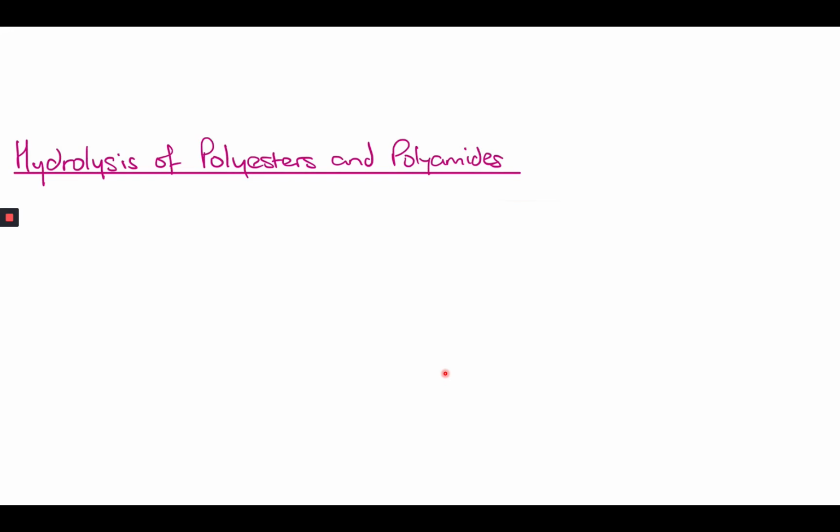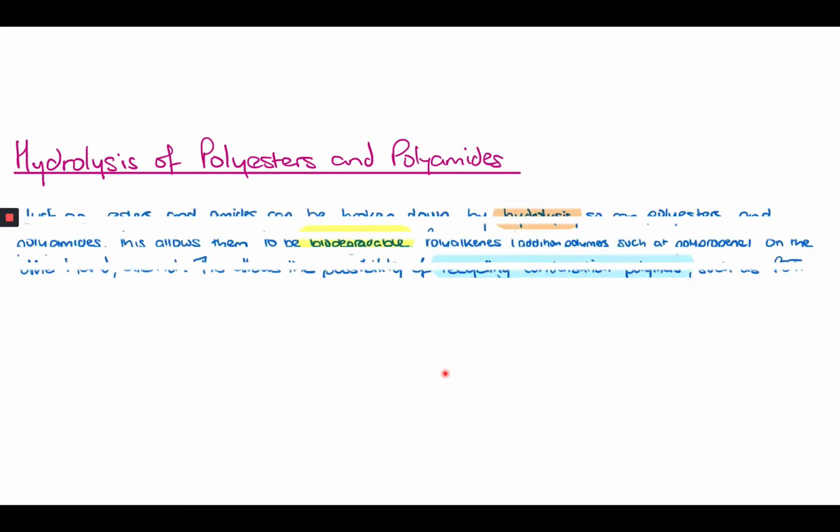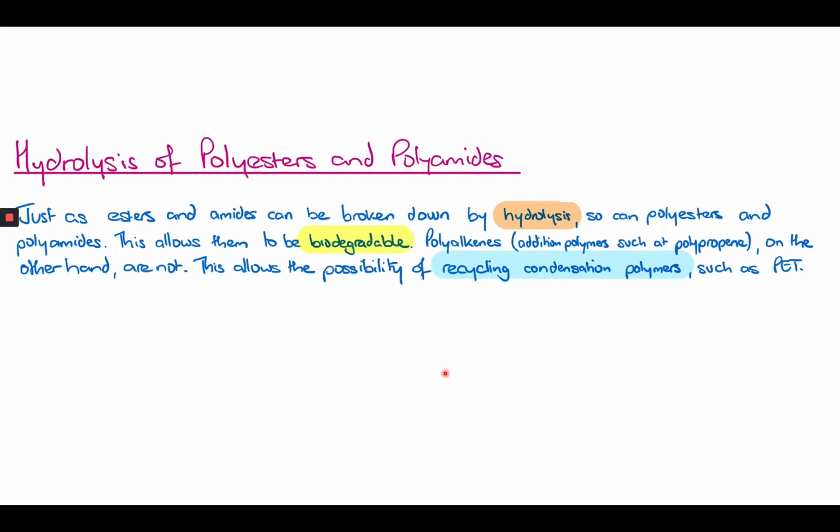Okay, so it's said in the spec about hydrolysis of polyesters and polyamides. This is what allows them to be biodegradable. So we had hydrolysis when we looked at esters. I can't quite remember now whether it was ever explicitly mentioned with respect to amides, but the principle is going to be the same.